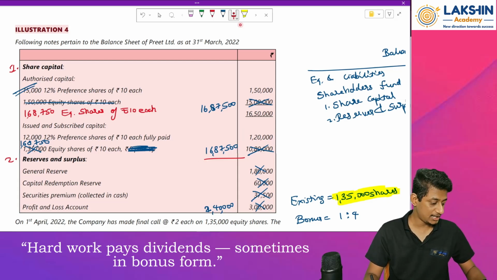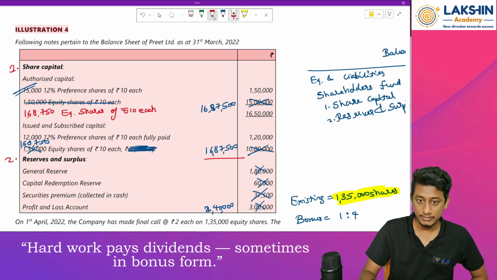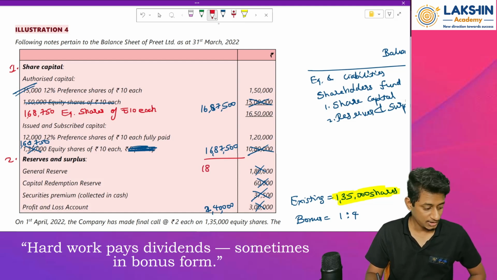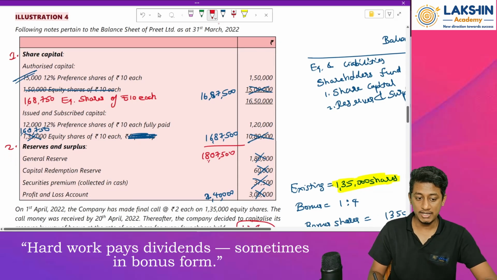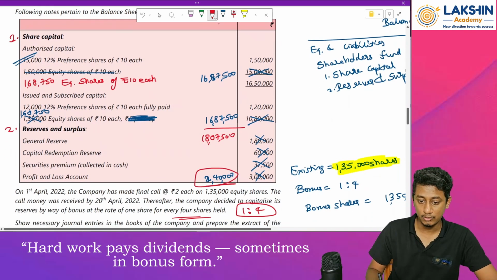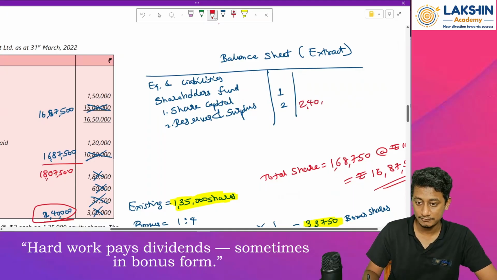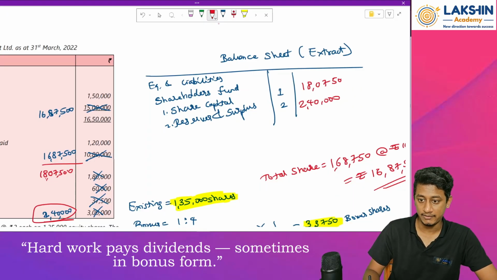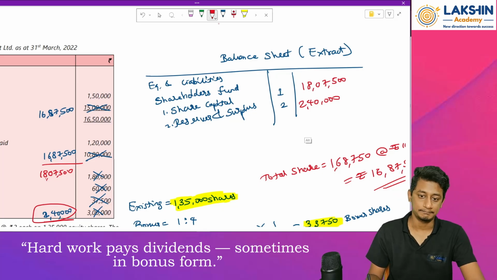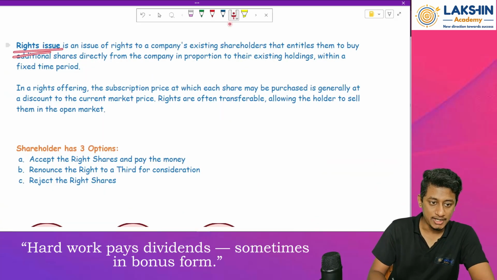That would be rupees 18,07,500. And what about my general reserves? It is only rupees 2,40,000, right? So this is 2,40,000 and this is 18,07,500. Done.